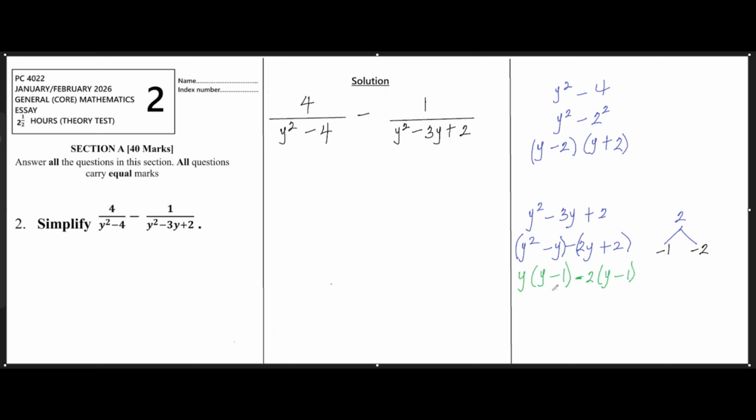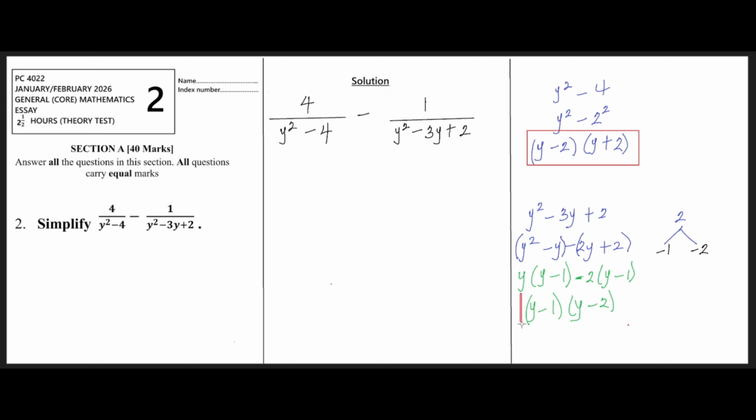So we have y minus 1, y minus 1. So we select one of them, and then the outside factors, we have y minus 2. So this is what we need. We need y minus 2 multiplying y plus 2. That is for the factors of the difference of two squares.